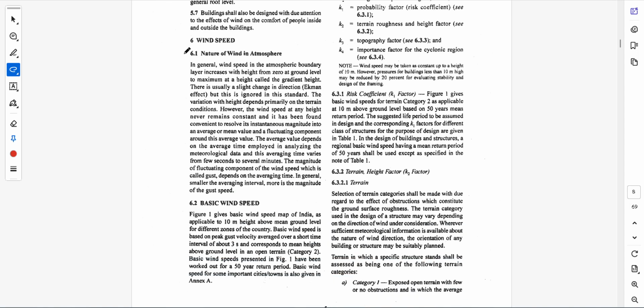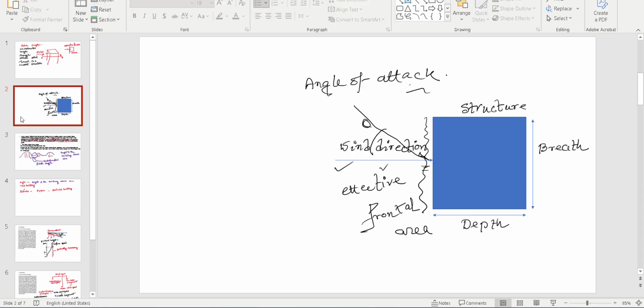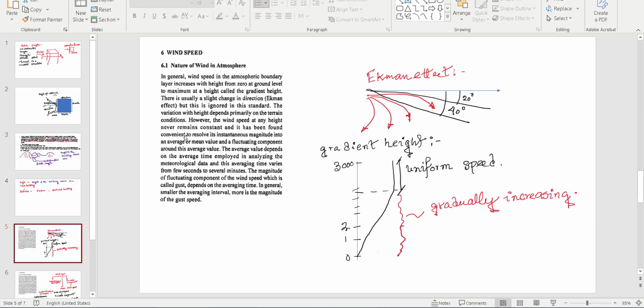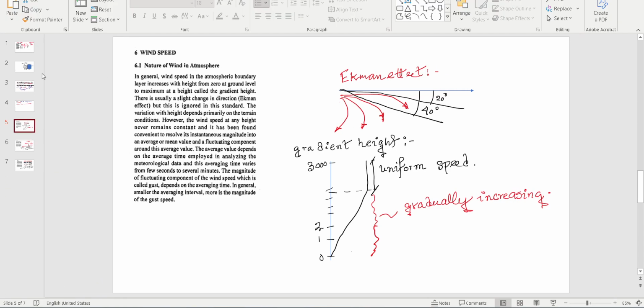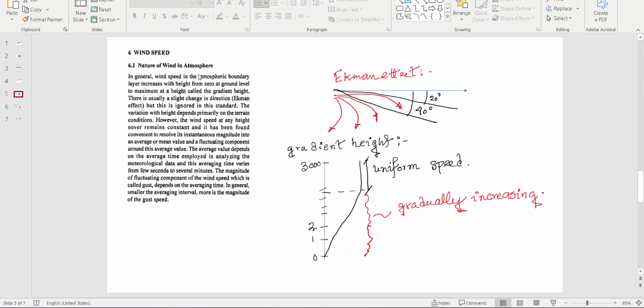Now come to this part only. This is the wind speed.